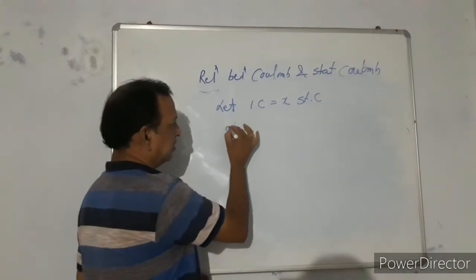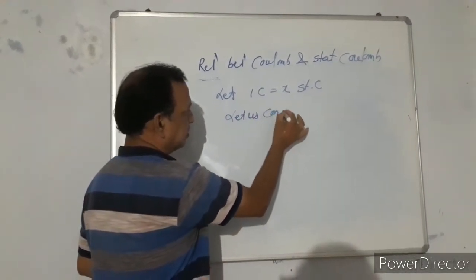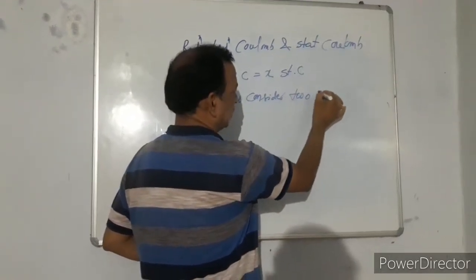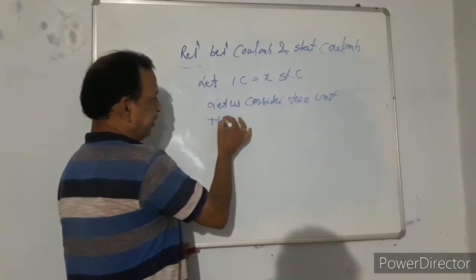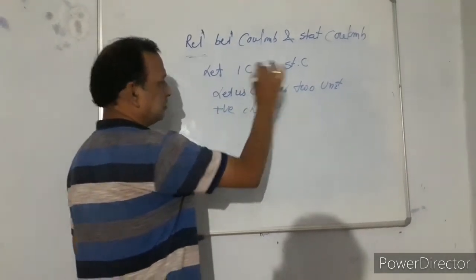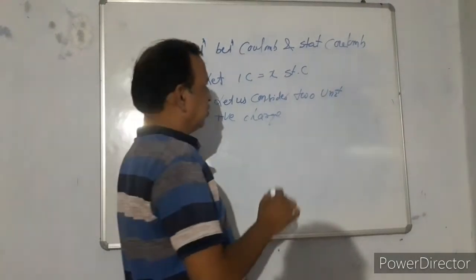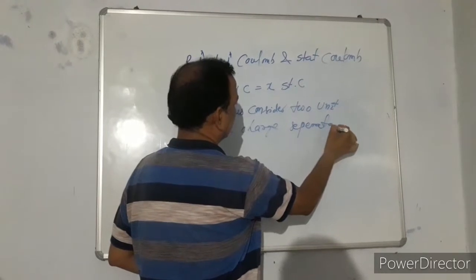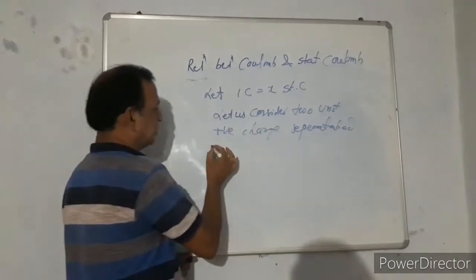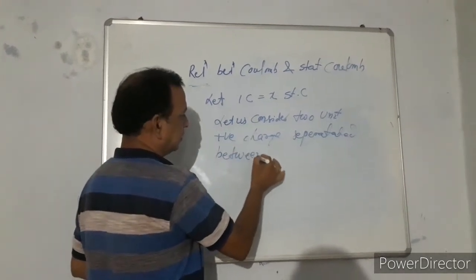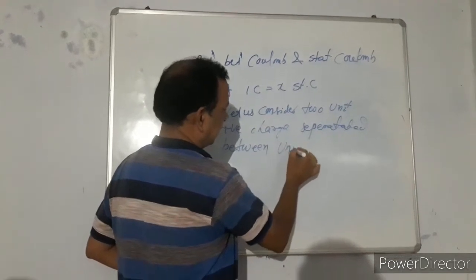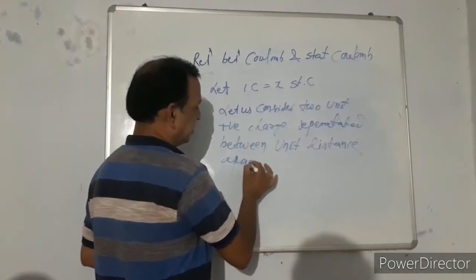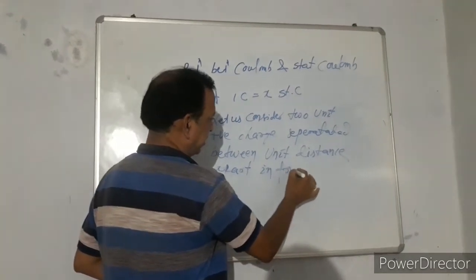Let us consider 2 unit positive charges, or unit charges, separated by a unit distance apart in free space.